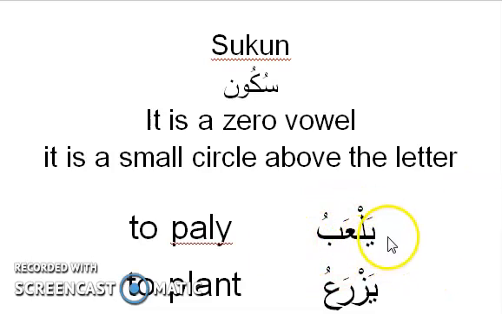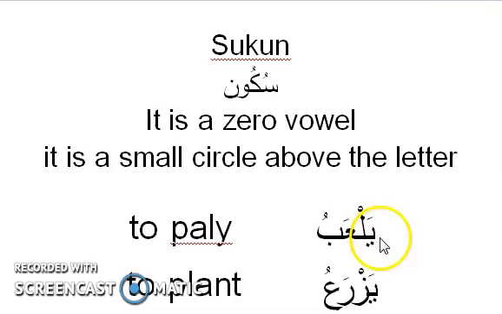Let's learn how to pronounce a word like this. We studied fatha and we studied dhamma also. How can we pronounce this word? This is ya, with two dots under. Sometimes in other cases it appears without dots, when it is with Hamza, and we are going to see them later.